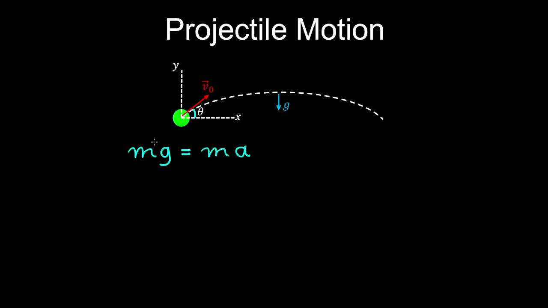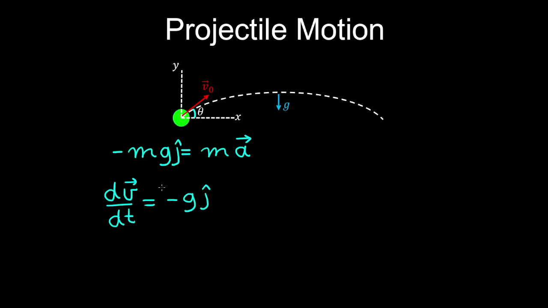So if we write this in vector form, we have the force of weight acting in the vertical direction, and this acts in the negative y direction, in the direction of the acceleration. And the acceleration is the rate of change of velocity of the projectile with respect to time, and the masses cancel, so we get minus the gravitational acceleration in the vertical direction.